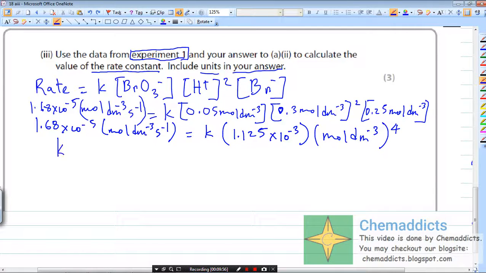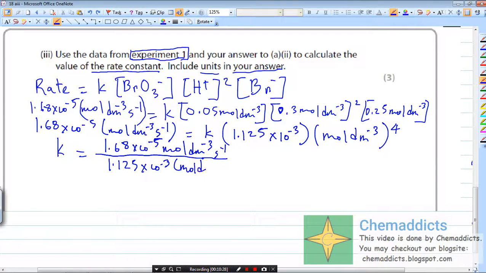Then let us make k the subject. We will get 1.68 into 10 to the power minus 5, this is 5, not 3, mole per dm cube per second, divided by 1.125 into 10 to the power minus 3 mole per dm cube to the power 4.